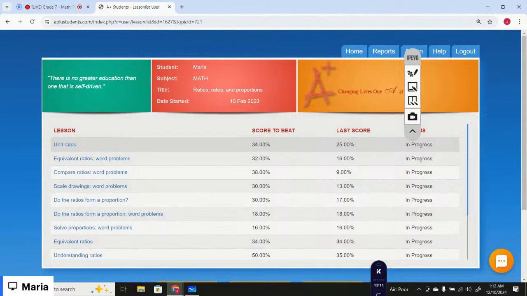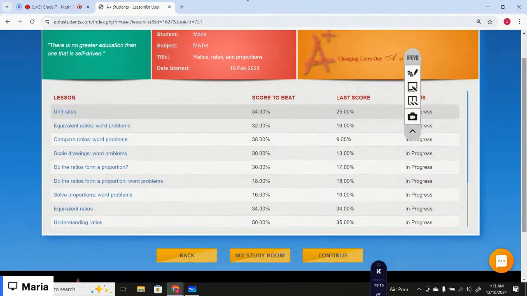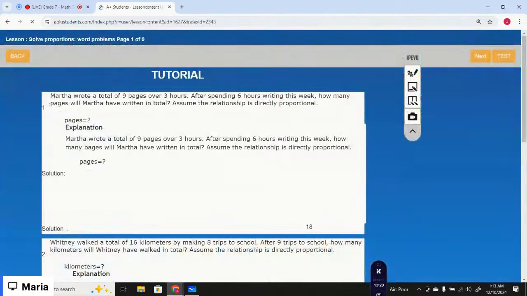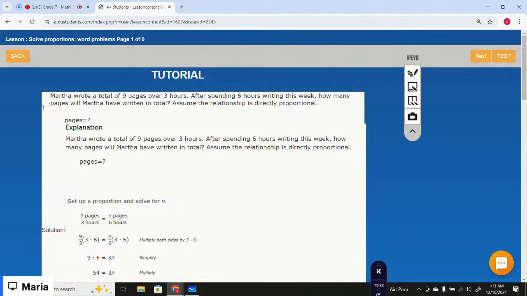The next lesson is do the ratios form a proportion word problems. You can do these word problems on your own. The next one is solve proportion word problems. So let's just do this lesson, right?